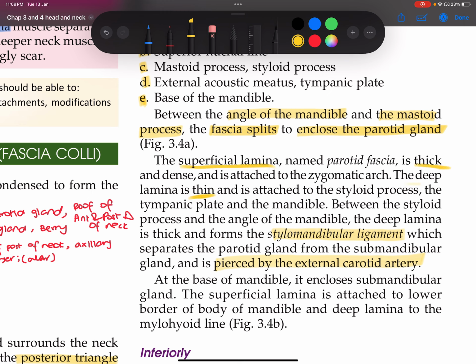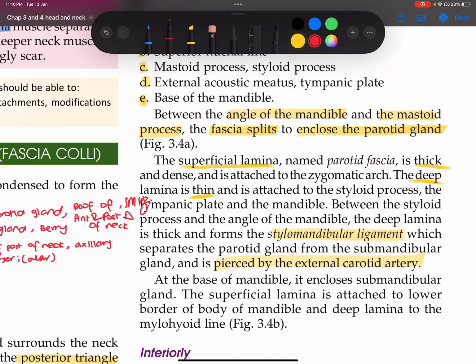Good. Then when you talk about its attachment, the deep one is attached to the styloid process, the tympanic plate as well as the mandible. Between the styloid process and the angle of the mandible, the deep lamina is thick and forms the stylomandibular ligament. So a very important thing that I missed here was the stylomandibular ligament.